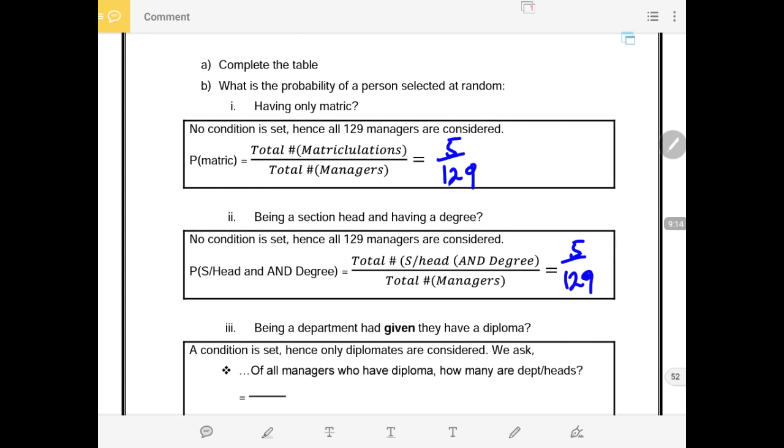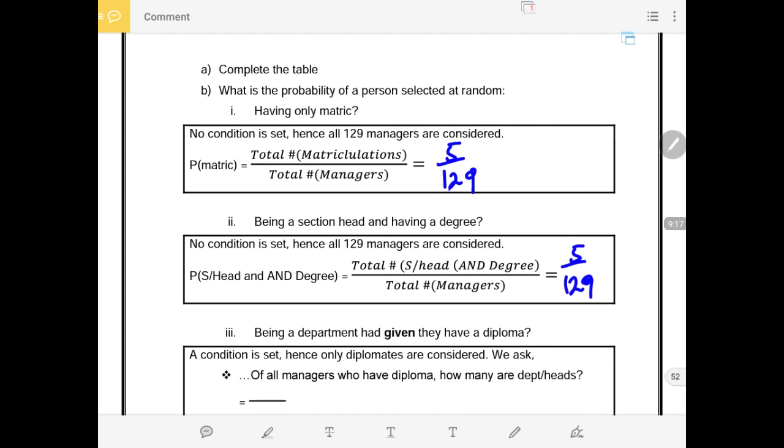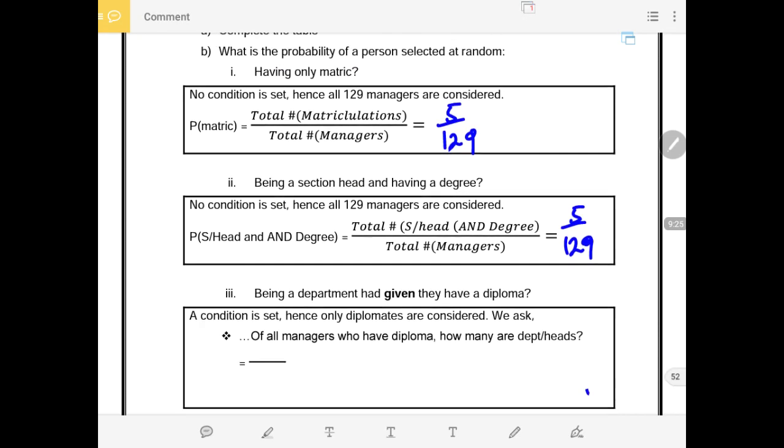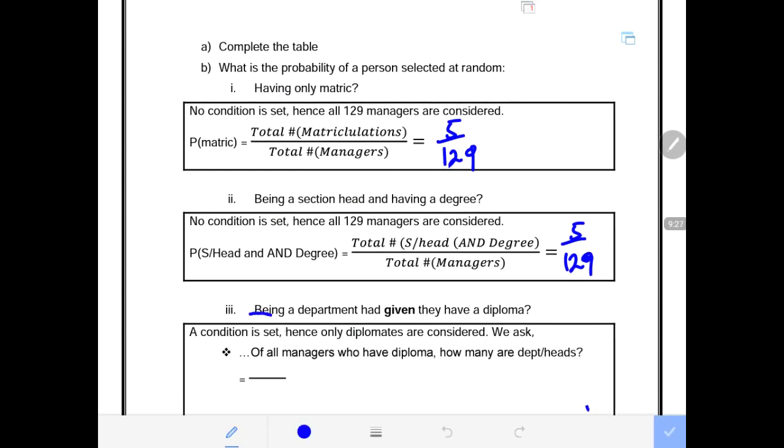Roman figure 3 says, what is the probability of a person selected at random being a departmental head given the fact that they have a diploma? Remember, this is the main question. Whenever there is the word given, and I put this word in bold, you always divide by what is given.